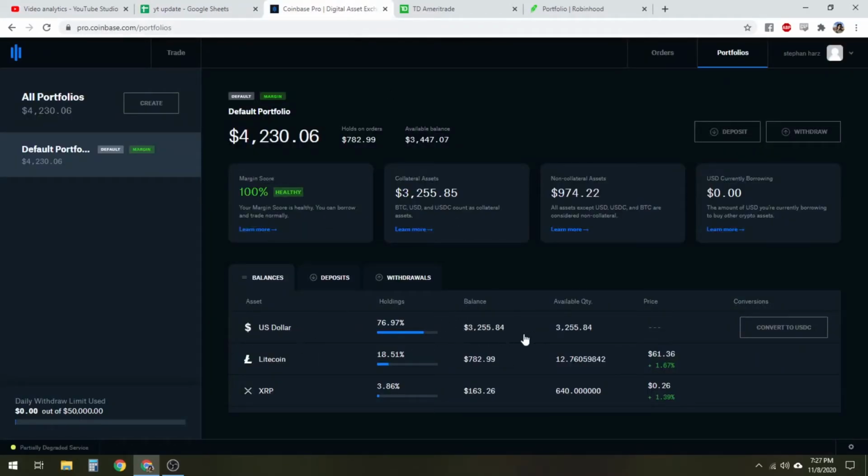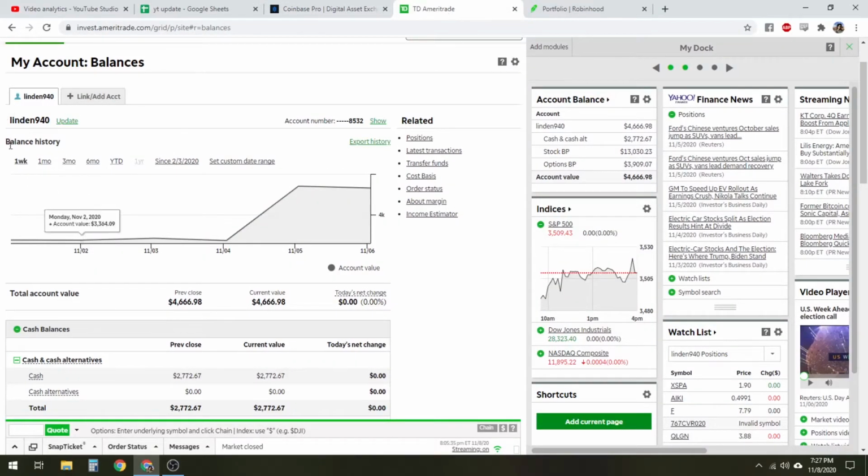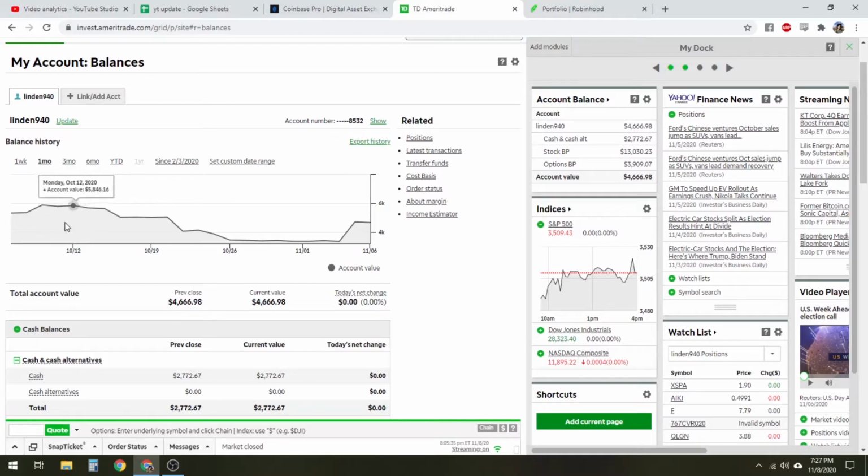So I have most of my money in the US dollar right now. I might do some trades in some of the cryptocurrencies, or move it over to my TD Ameritrade like I was saying. This is my TD Ameritrade. We'll click on 1 month. Here, I was really managing my account quite well, and then I kind of ignored it. And you can see what happens when you ignore your stock trading.